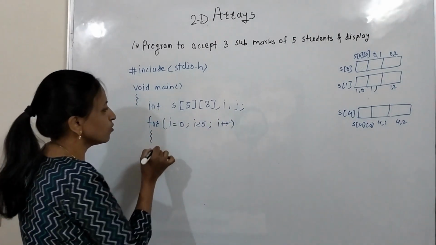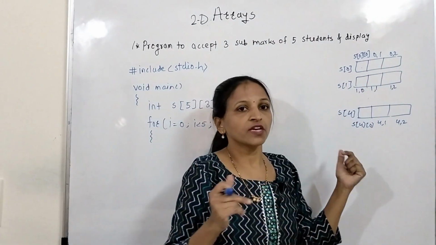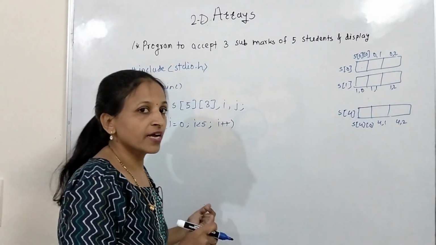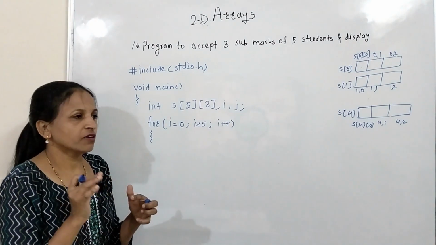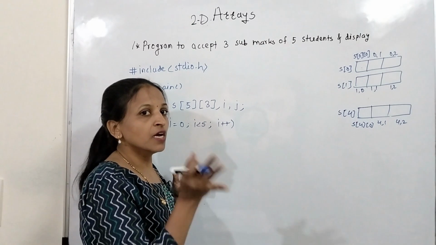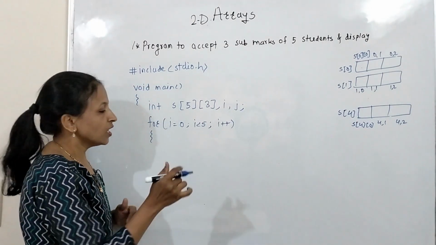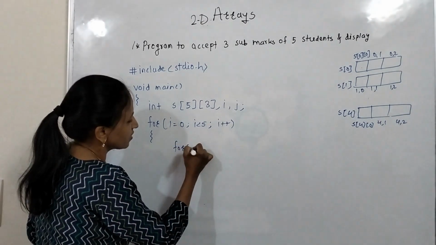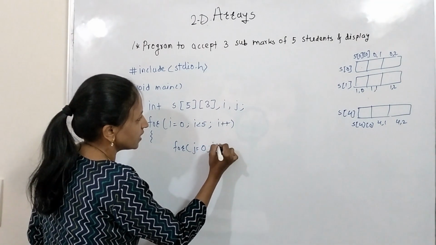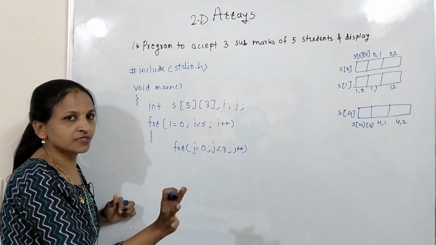And the inner loop we have to place for accessing individual elements of that array. That is actually the column size we have specified; the inner loop should get executed that number of times for every iteration of the outer loop. And for that we will place here for J equals to 0, J less than 3, J plus plus, because column size and row size are fixed.